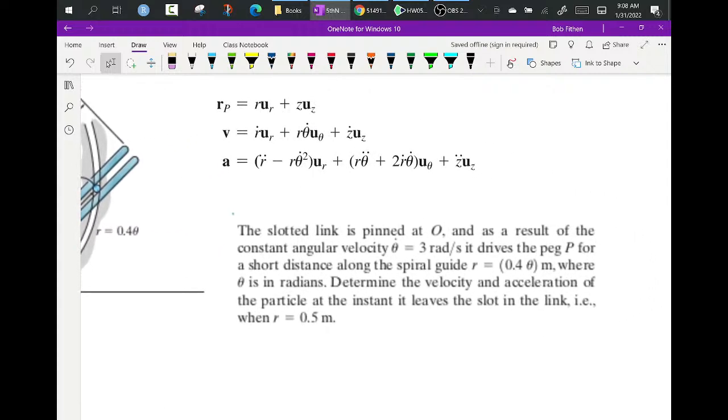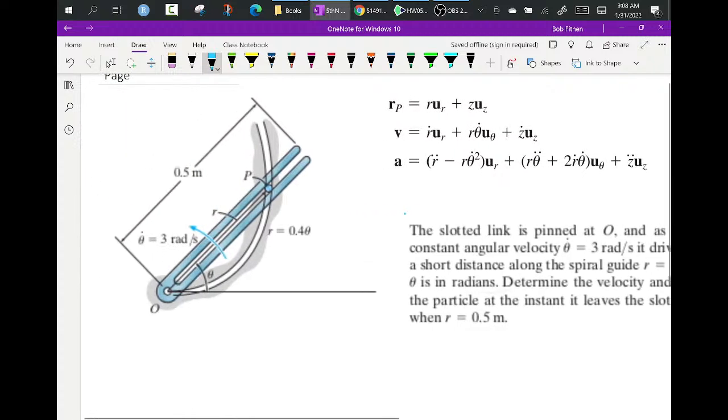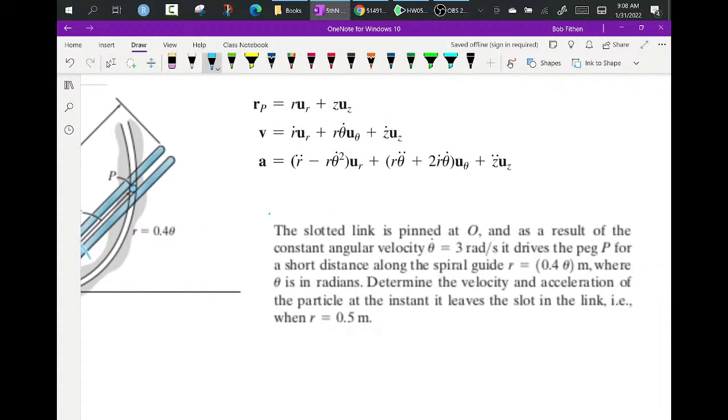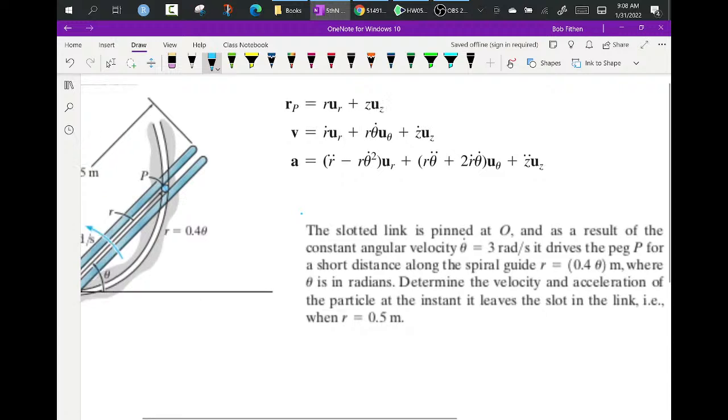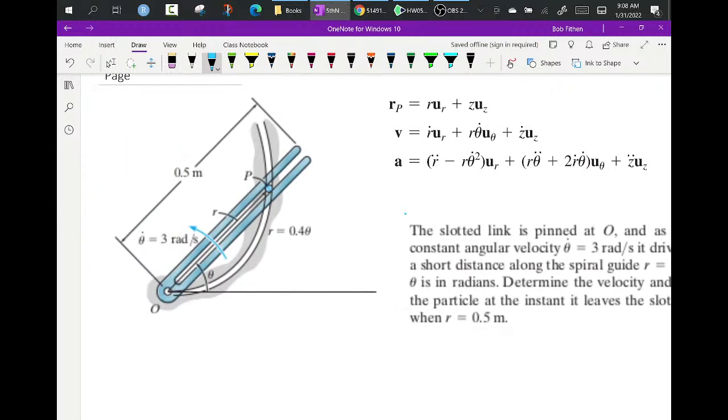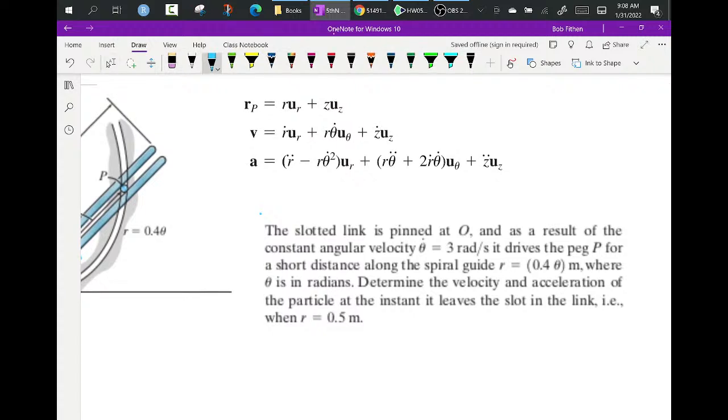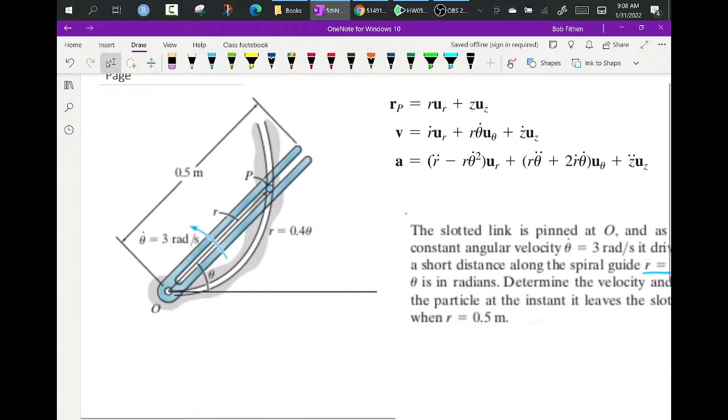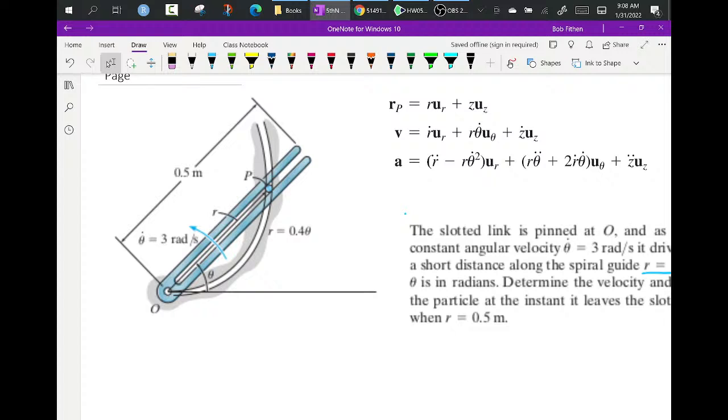So now we're in this application. The slotted link is pinned at O. That's the origin that he's using there. As a result of constant angular velocity of 3, it drives the peg, this little P right here, for a short distance along the spiral guide. It looks like that, where that's in radians. Determine the velocity and acceleration of the particle in the instant it leaves the slot. Oh, okay.